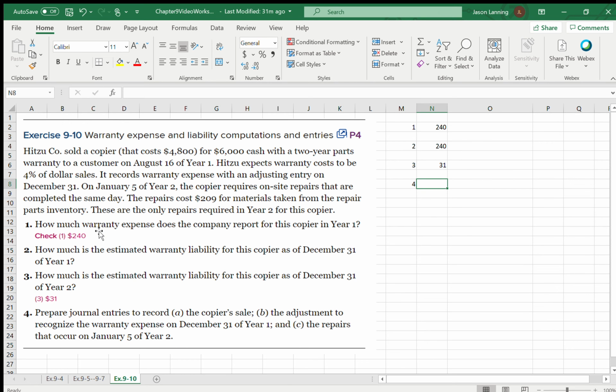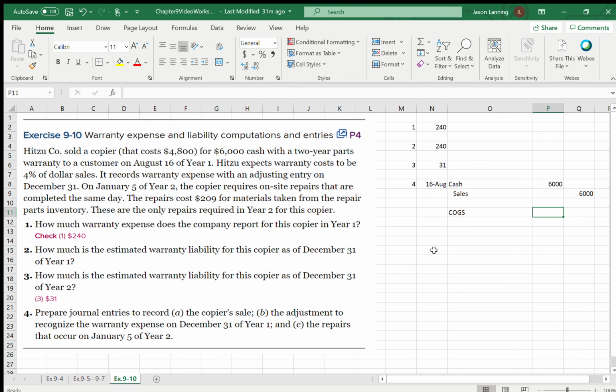So we sold this on 8/16 of year 1. This was cash, $6,000 cash, and we'll just call it sales for $6,000. Now, since they give us our COGS here, I'm assuming this is a perpetual inventory system, so we really ought to look at cost of goods sold here as well.